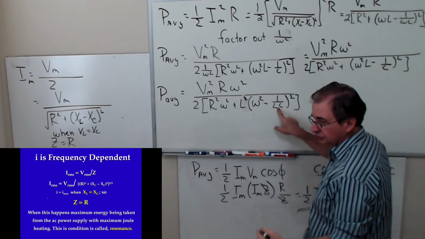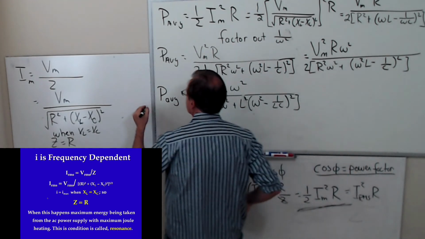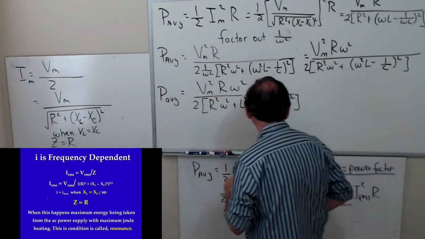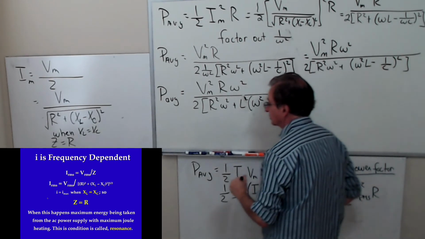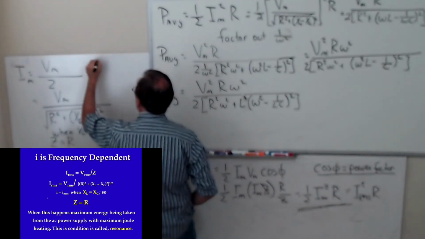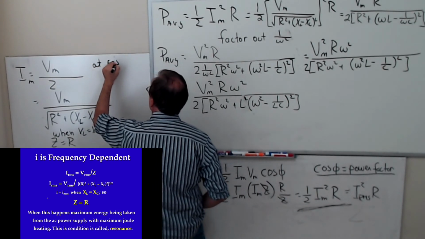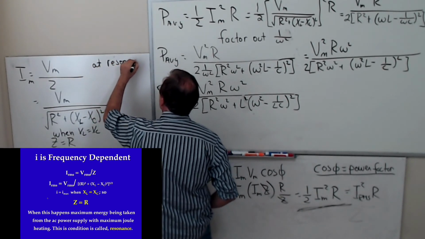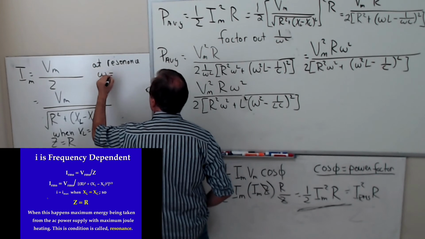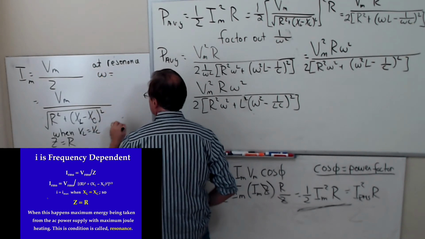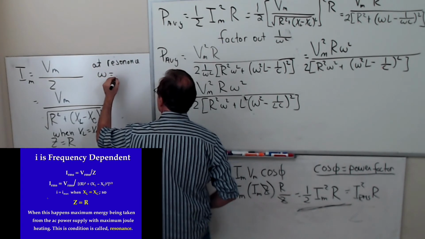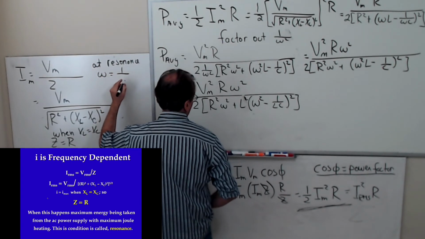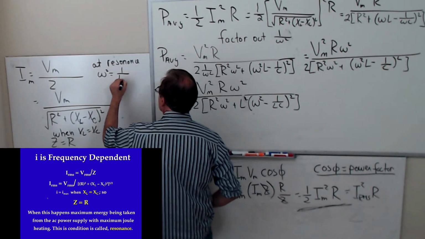And we showed that when this is at resonance, this term is 0. So at resonance, in other words, these two are 0, or omega squared is 1 over LC.